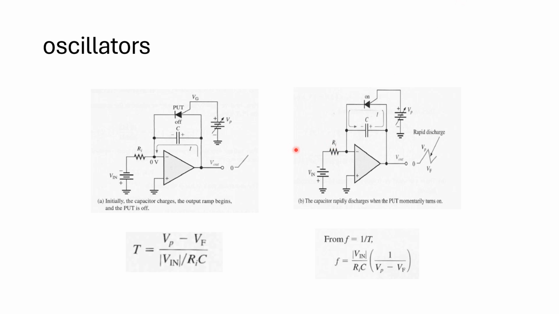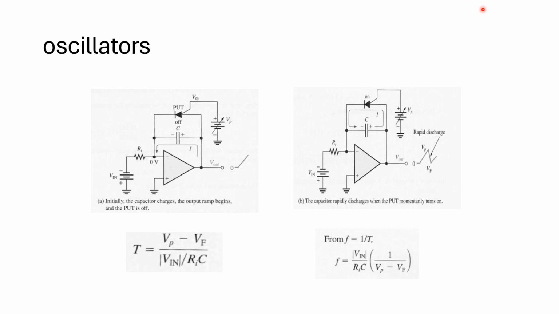Here we have the forward voltage of your PUT. Discharge continues until the PUT current falls below the holding value. At this point, the PUT turns off and the capacitor begins to charge again, thus generating a new output ramp.